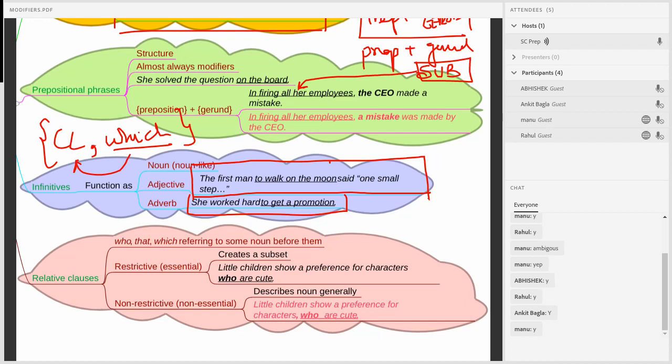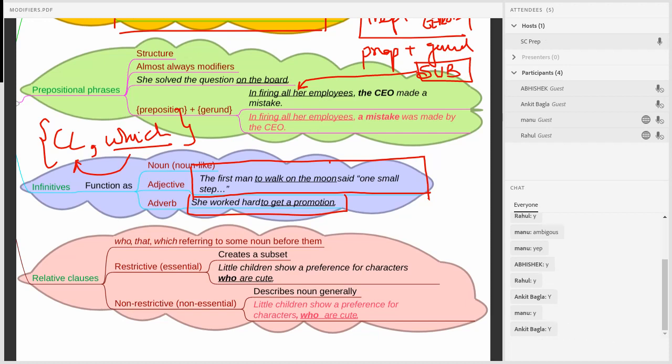But just to set it aside for now, a relative pronoun referring to a noun before it introduces a relative clause that is basically going to describe the noun before it. I think I'm possibly unnecessarily explaining this. You might already remember this. Quick check: does everyone remember relative clauses?